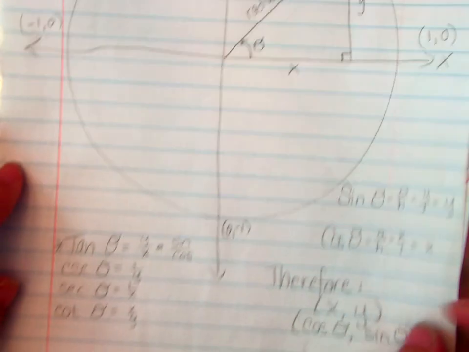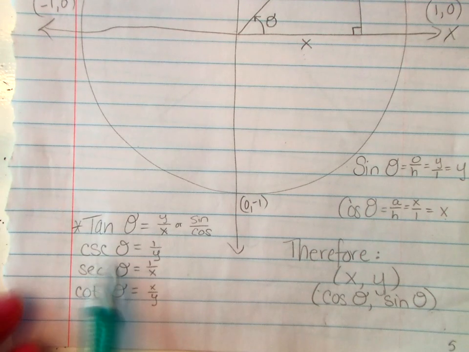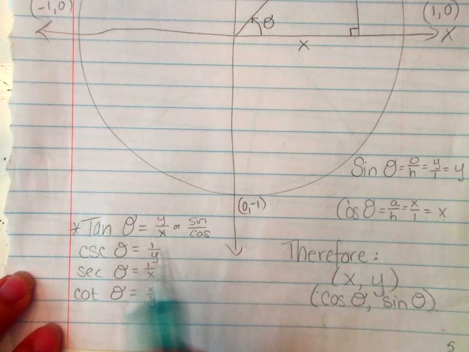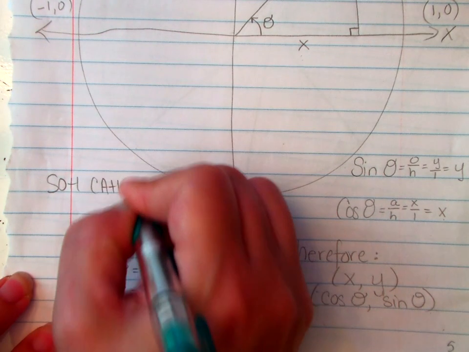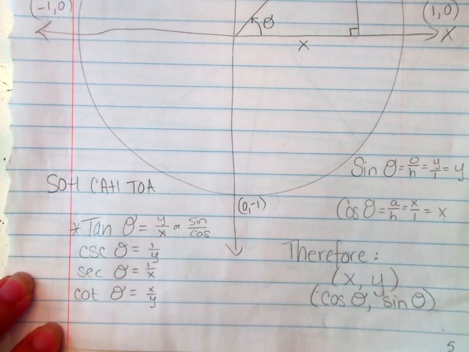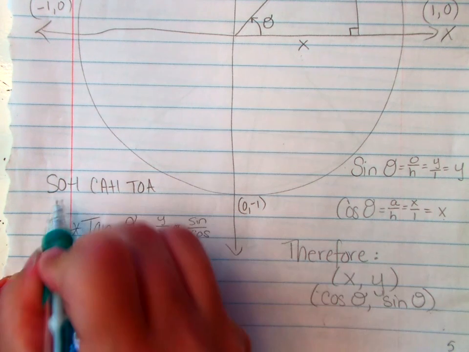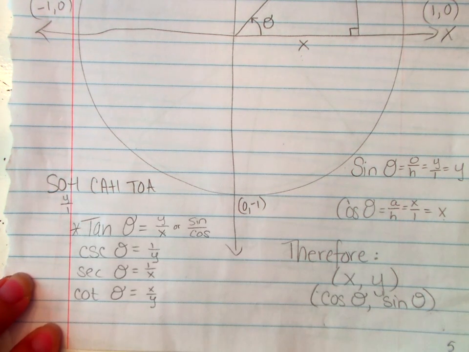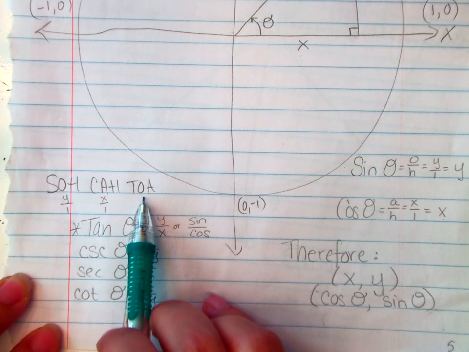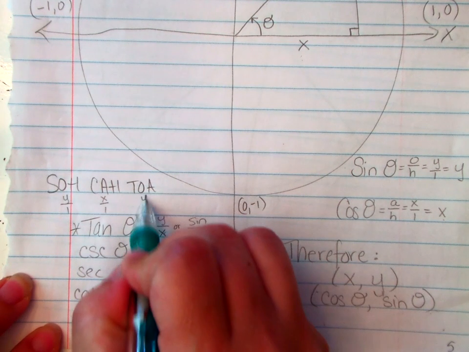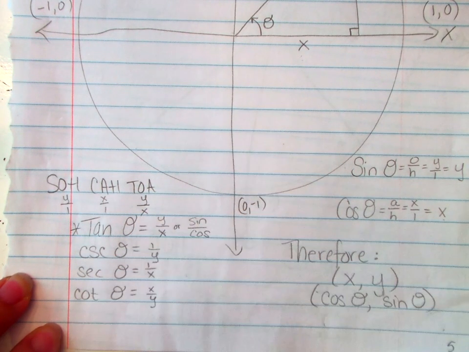Now, before we move on, I did want to talk about the tangent of theta. So remember SOH CAH TOA. So if sine is y over 1 and cosine is x over 1, well, tangent is just going to be y over x.